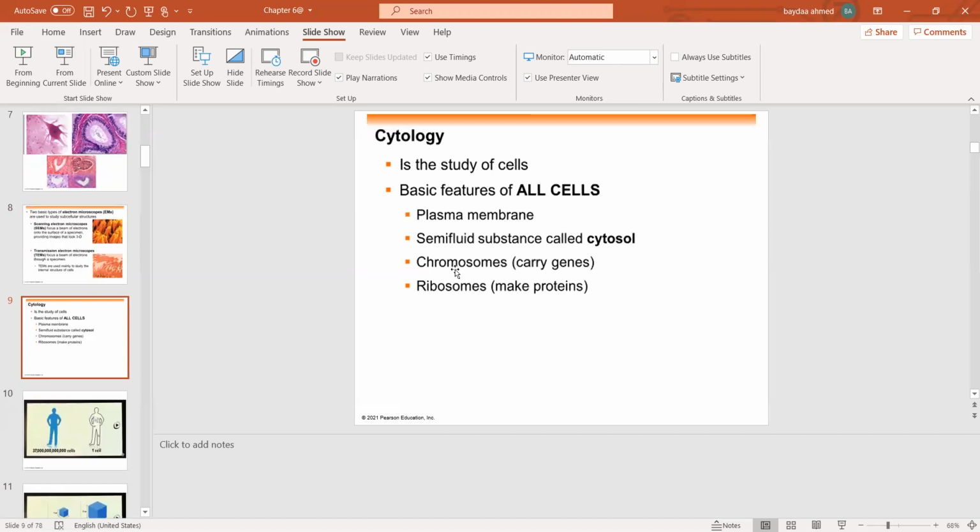All cells contain chromosomes, which carry genes in the form of DNA, and all cells have ribosomes, tiny complexes that make proteins according to instructions from the genes. So any cell, eukaryotic, prokaryotic, multicellular or unicellular, any living cell shares those basic features. They all contain a plasma membrane, semi-fluid cytosol, chromosomes, and ribosomes.